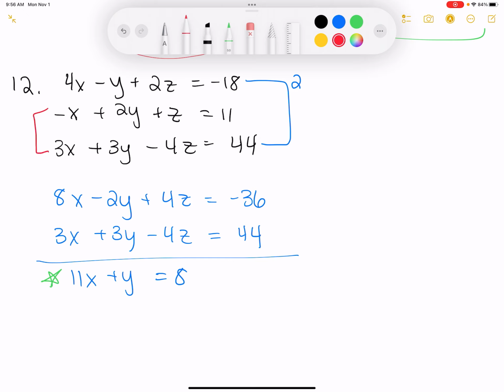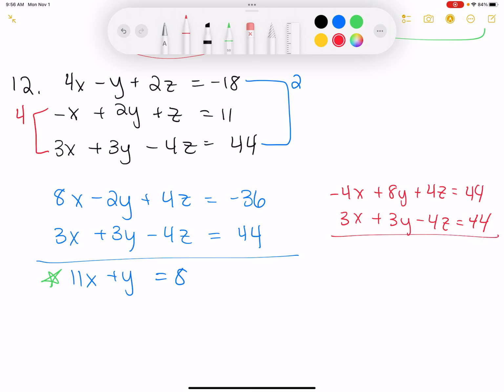Multiply the middle one by 4. So then I've got negative 4x plus 8y plus 4z is equal to 44, and 3x plus 3y minus 4z is equal to 44. So that is negative x plus 11y is equal to 88.